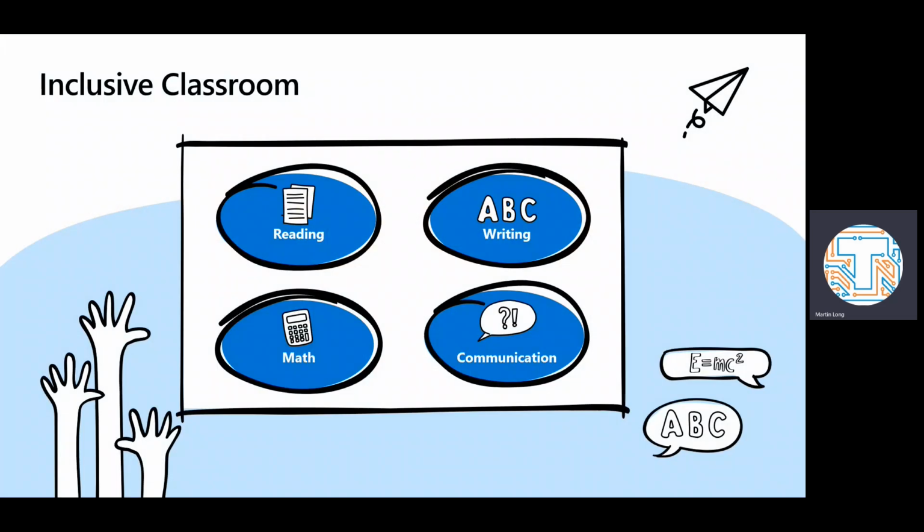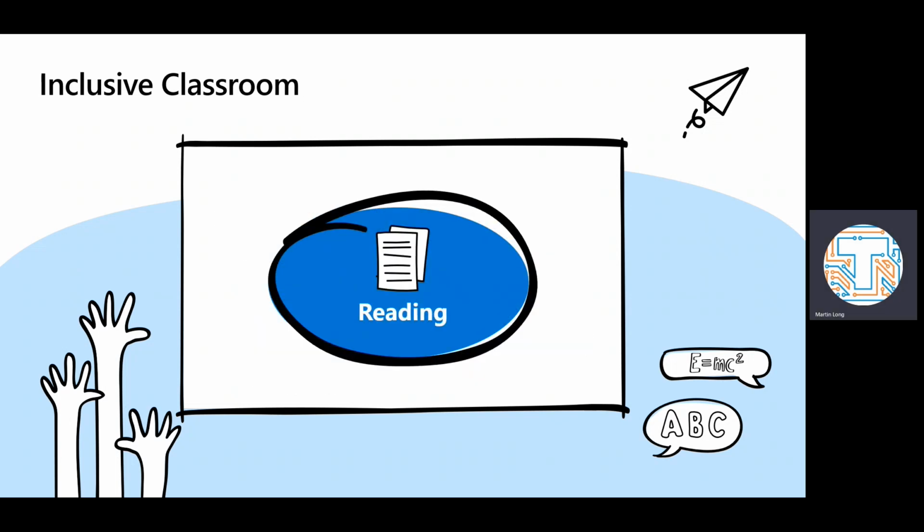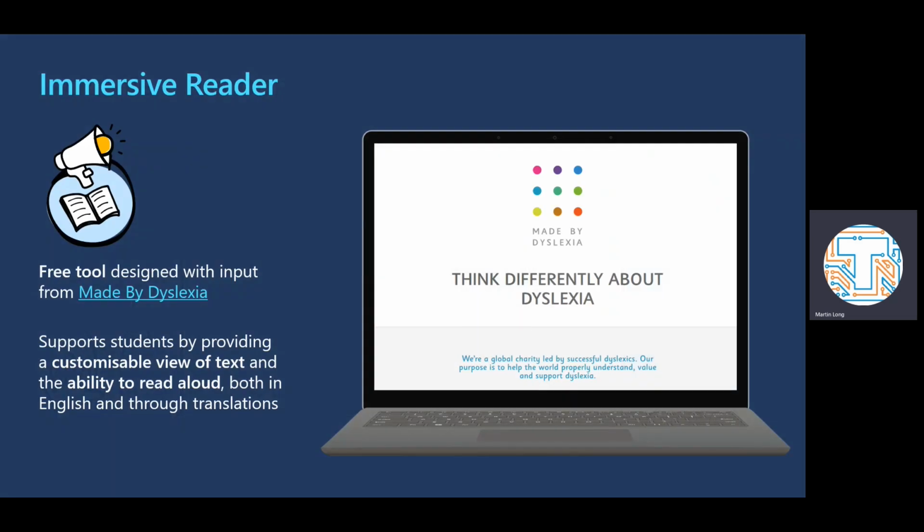We'll consider 4 areas of an inclusive classroom: reading, writing, maths, and communication. We'll begin with reading, and under reading, one of the absolute jewels in the crown of Microsoft accessibility tools is Immersive Reader. It wasn't just developed by Microsoft in isolation.